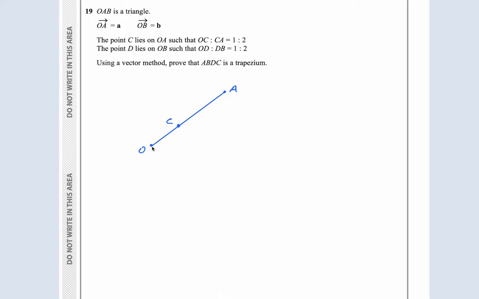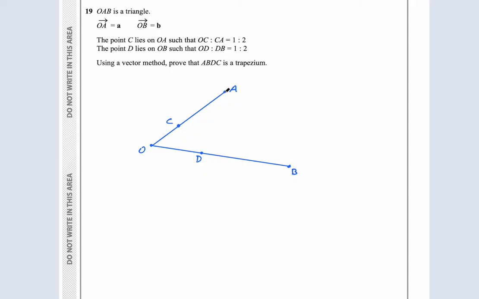OB is somewhere down here, and this is B. D lies on OB such that OD to DB is 1 to 2, so D is something like that. And he says, using a vector method, prove that ABDC is a trapezium.